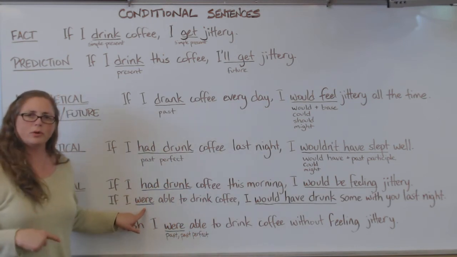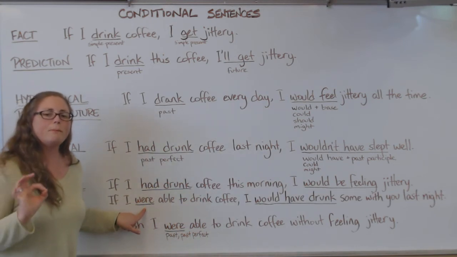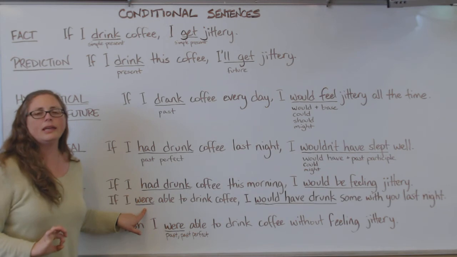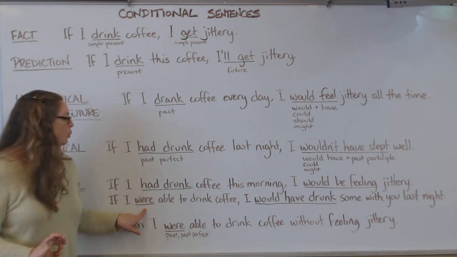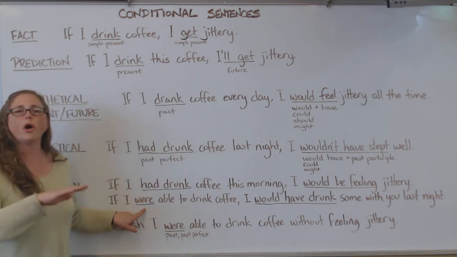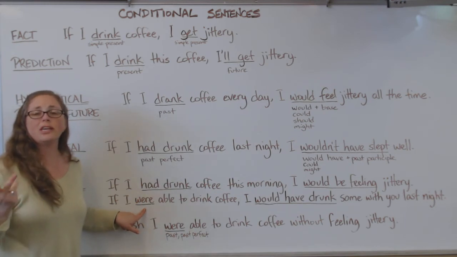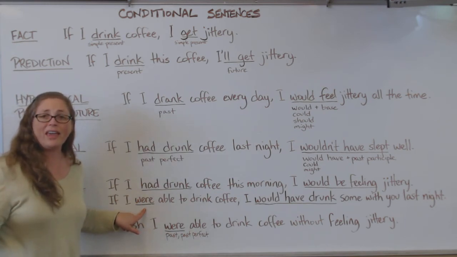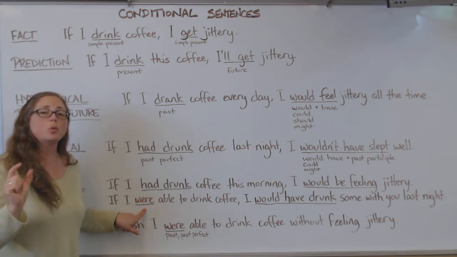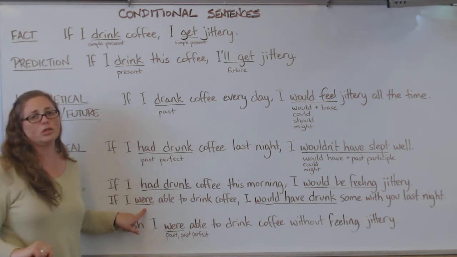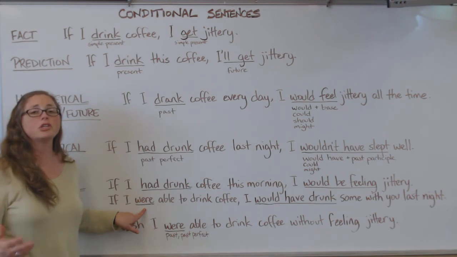One thing I want you to notice here, when you're using the be verb in a hypothetical conditional, we use were for all subjects. I, you, he, she, it, we, they. All of them use were in a hypothetical conditional. If I were, if she were, if you were.